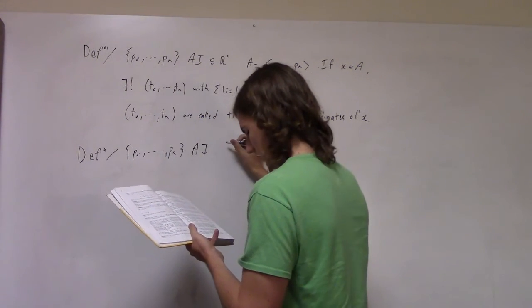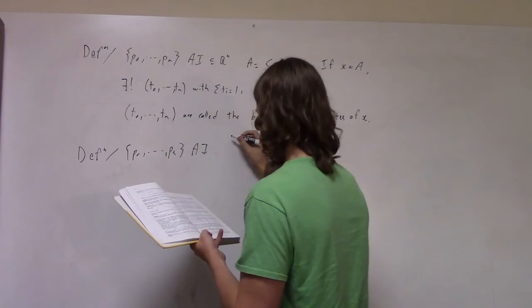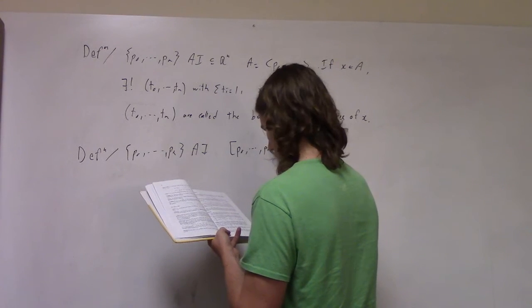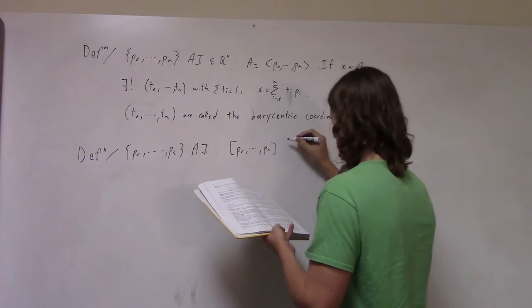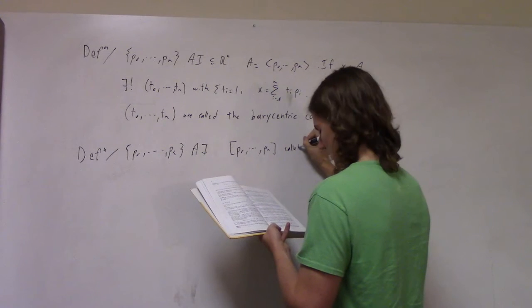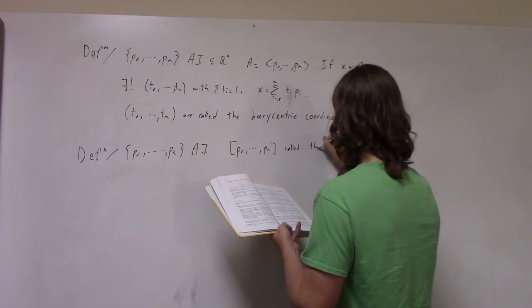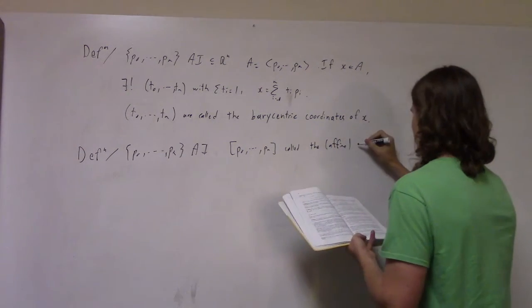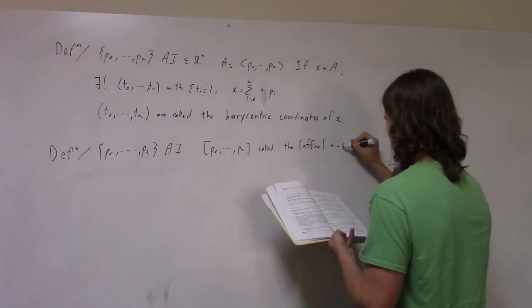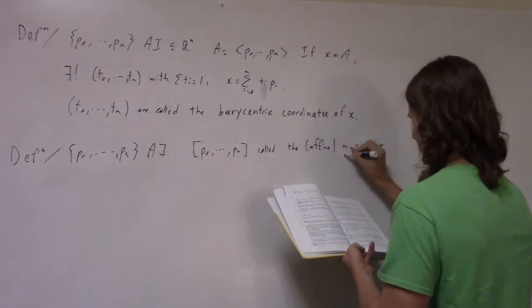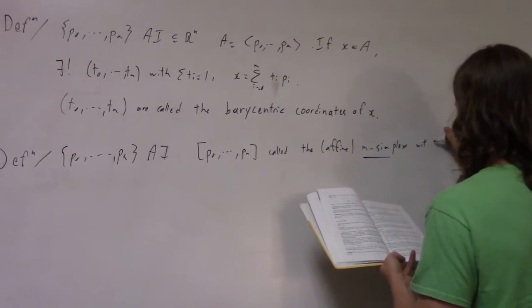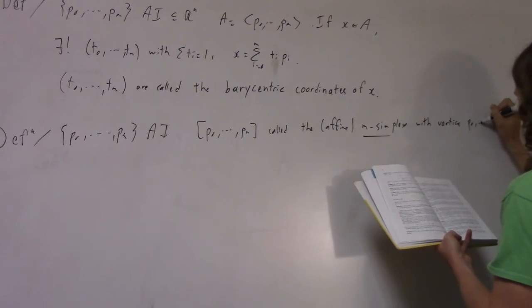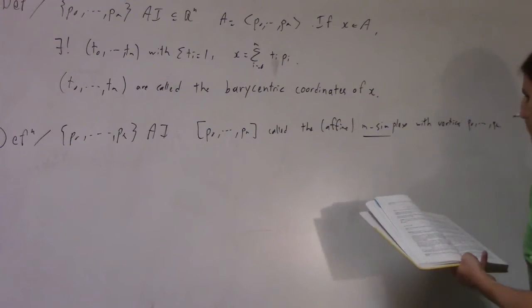Affine independent. Then the convex set spanned by these points is actually going to be called an m simplex with vertices P naught through PM.